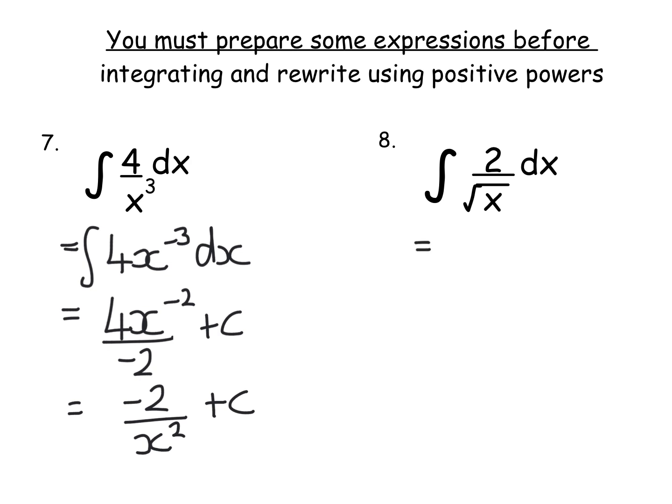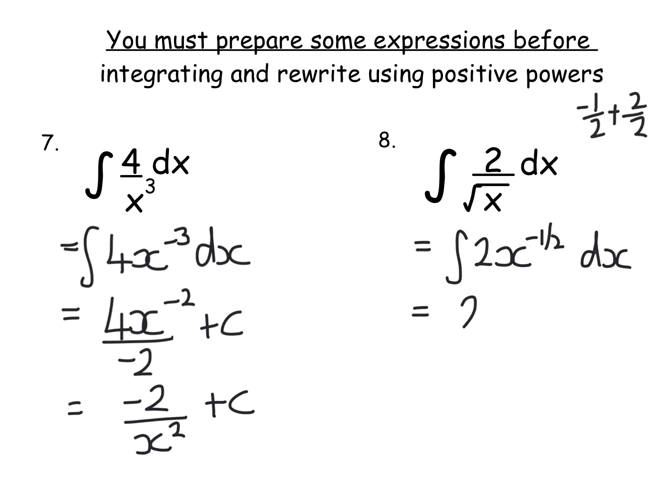Same with this one. Anytime you see a square root, that's a power of half. So this is the integral of 2x to the power negative 1/2 because I'm bringing it up to the top. When you increase the power of a half by 1, remember that is minus 1/2 plus 2/2. So this will become positive. So you'll have 2x to the power 1/2 all over 1/2 plus c.